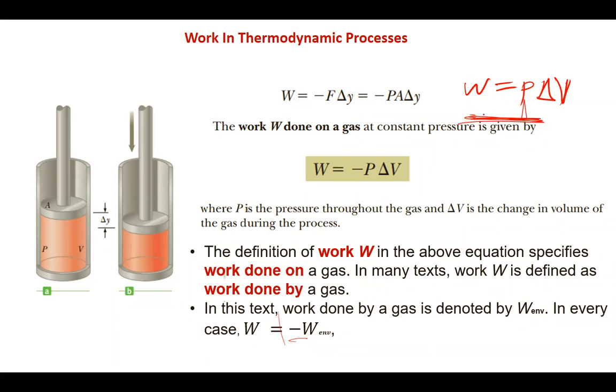In most books, you find this work done by the gas to be positive, and work done on a gas is always negative. Okay, so let's quickly move on. Right, so the two definitions just differ by a minus sign.